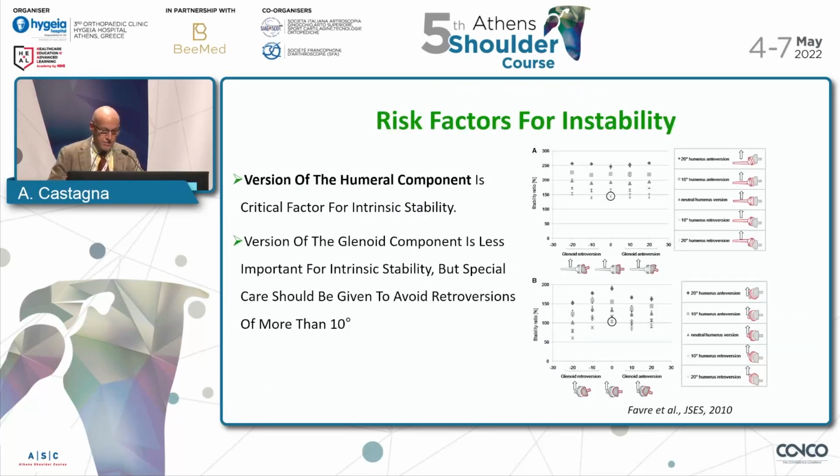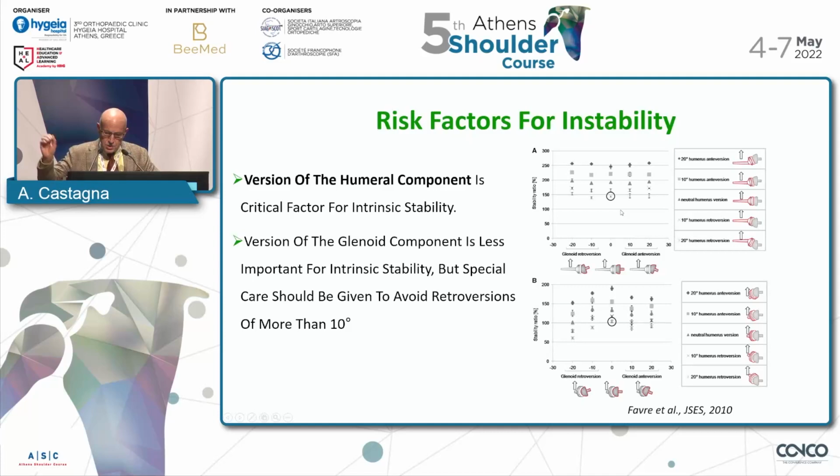What about the version of the humeral component? So far I spoke much more about the glenoid side. There are some critical factors for intrinsic stability, and the version of the glenoid component is less important, but still may influence this. According to the version that you achieve, you may improve the stability of the system.